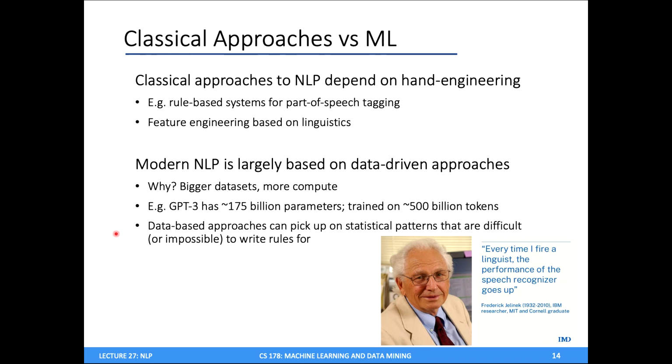And again, these data-driven approaches based on machine learning are really just picking up on statistical patterns in the language that it sees during training. And these statistical patterns are very difficult for us to actually write rules for. Okay, and there's a fun quote here, kind of an infamous quote in NLP: every time I fire a linguist, the performance of my speech recognizer goes up. So sorry to the linguists who machine learners have put out of jobs.